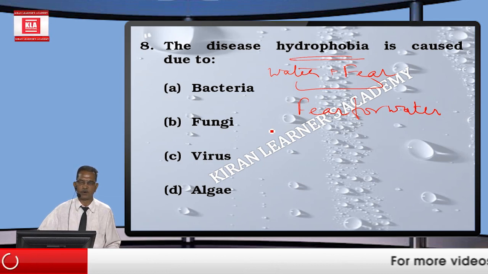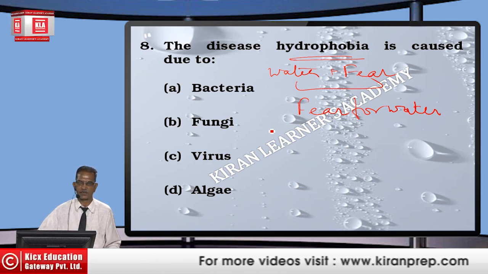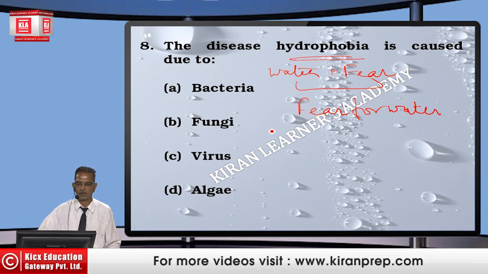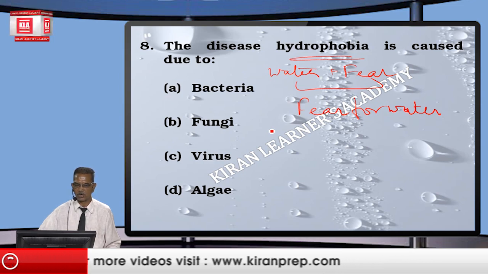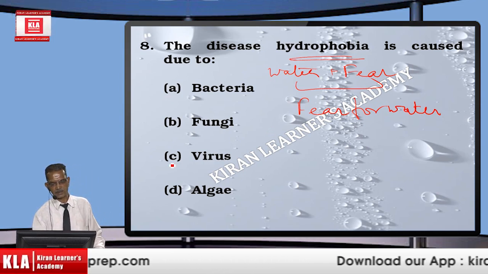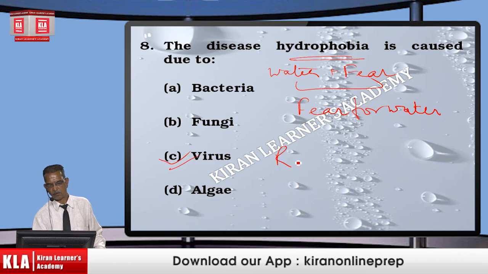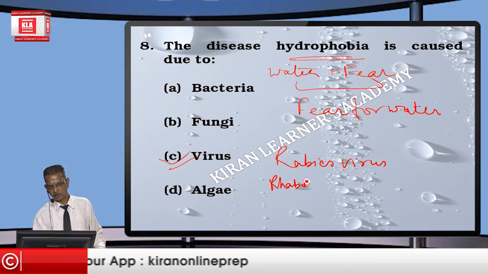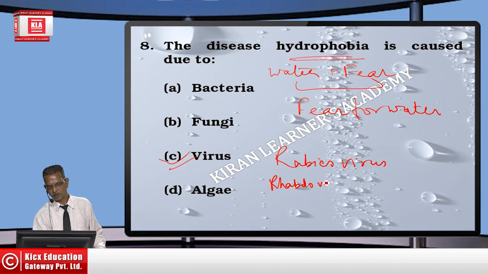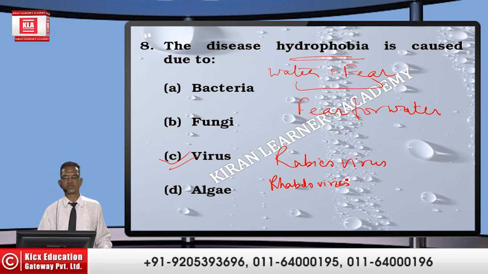And rabies is the one that is transmitted by an infected dog or by other mammal. And this disease is caused by a virus. So hydrophobia is a disease caused by a virus. Virus that causes rabies: rabies virus, which is rhabdovirus.